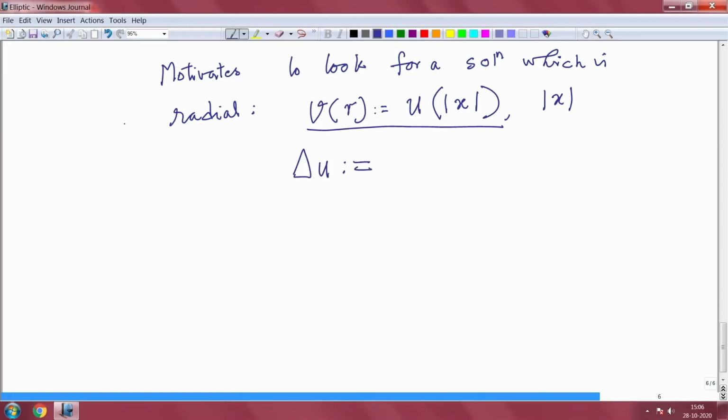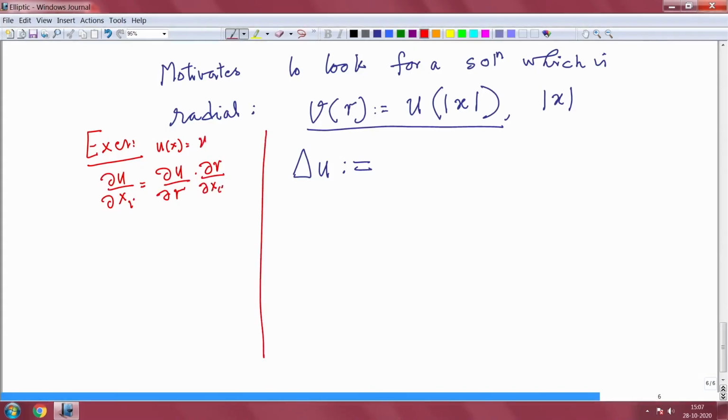I will leave it as a small exercise here. If you want to study this topic, or any topic for that matter, you want to compute du by dxi. If u of x is equal to u of r, you can write it as u prime of r into dr by dxi, this you know.